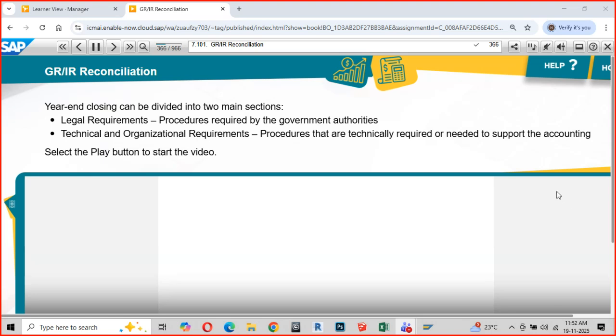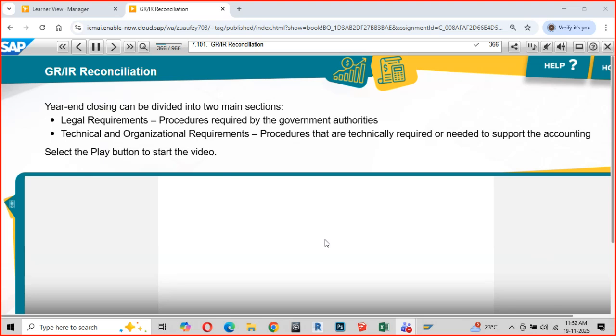Now, I think most of the topics are dealt with as far as the AP and the AR process is concerned from the finance perspective. Now the GRIR reconciliation, the goods receipt and invoice receipt reconciliation account. This also is a typical integration process where the PO is compared to the invoice.